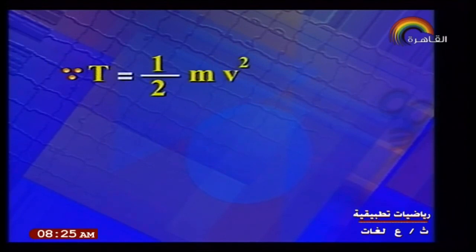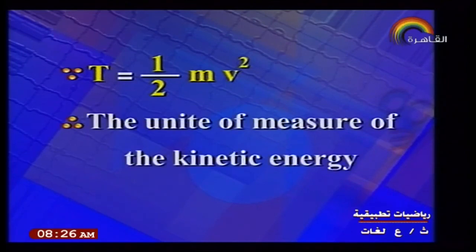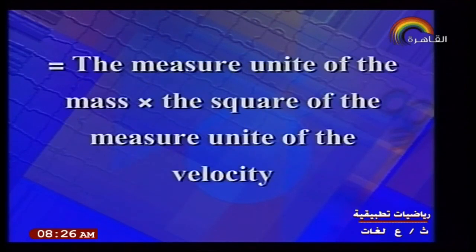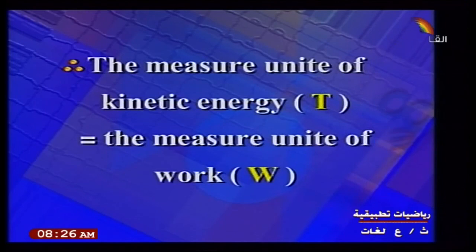Since kinetic energy equals half mv square, then the unit of measure of kinetic energy equals what? Measure unit of the mass times square of measure unit of the velocity. What is the measure unit of the mass, dear student? Excellent student. The measure unit of kinetic energy equals measure unit of the work.